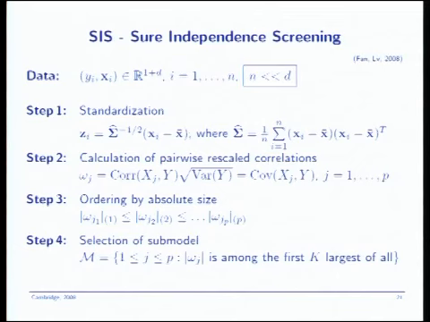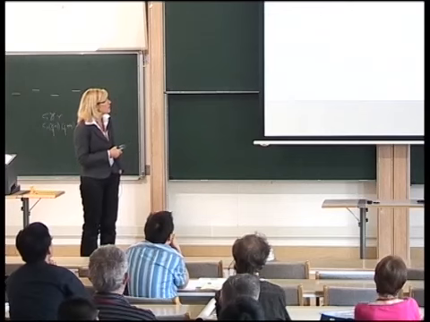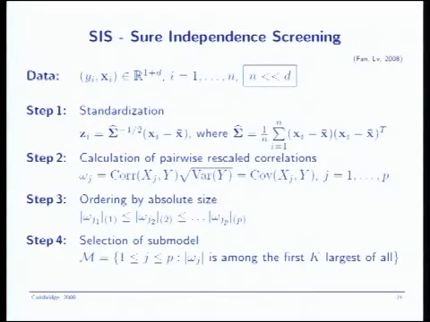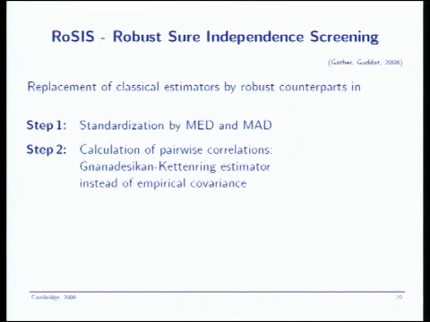Call them omega j, order them by absolute sizes, and then very simply you select that submodel, that is those indices of predictor components, such that their absolute values are among the first k largest of all. So very convincingly simple. And it is nice indeed.